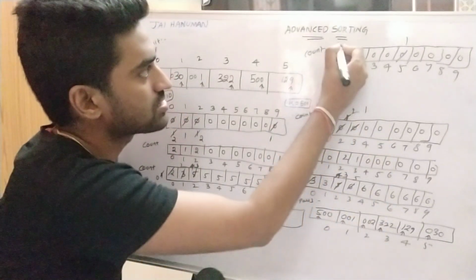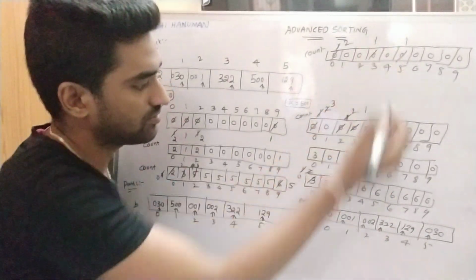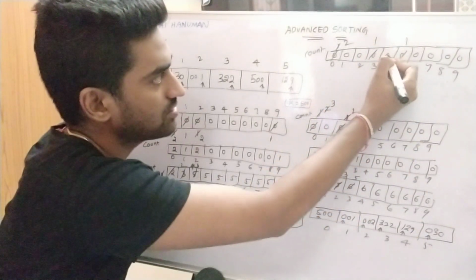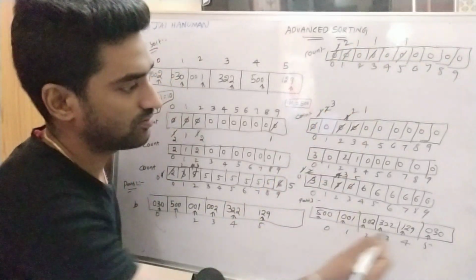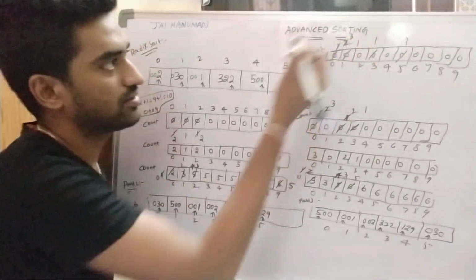Go to the 0th position, increment by 1. Go to the third position, increment by 1. Go to the first position, increment by 1. Go to the 0th position, increment by 1.